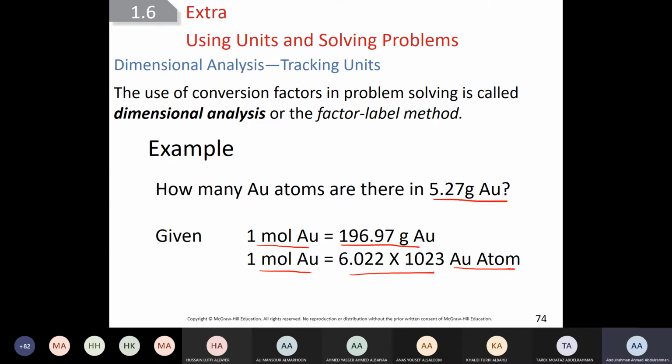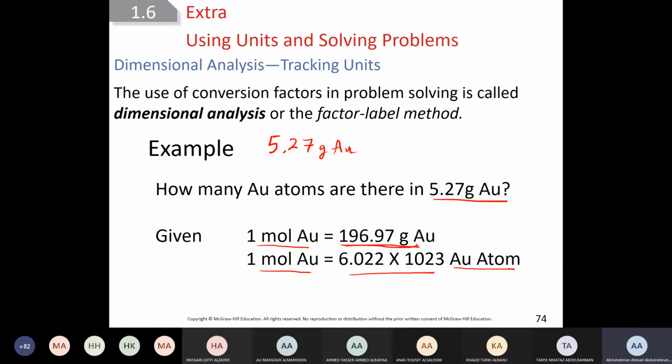That's what I want. Always start with whatever is given to you. 5.27 gram Au.